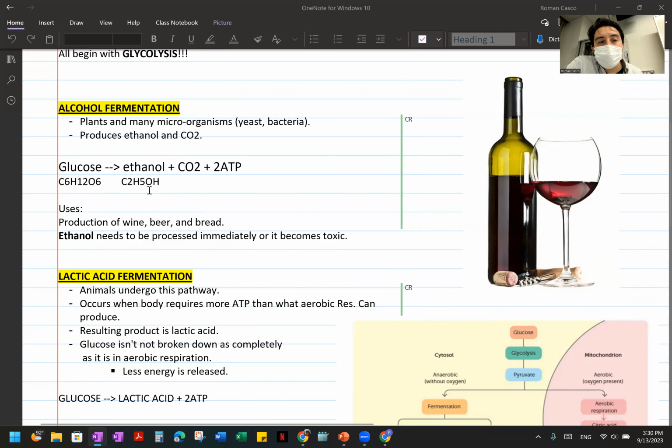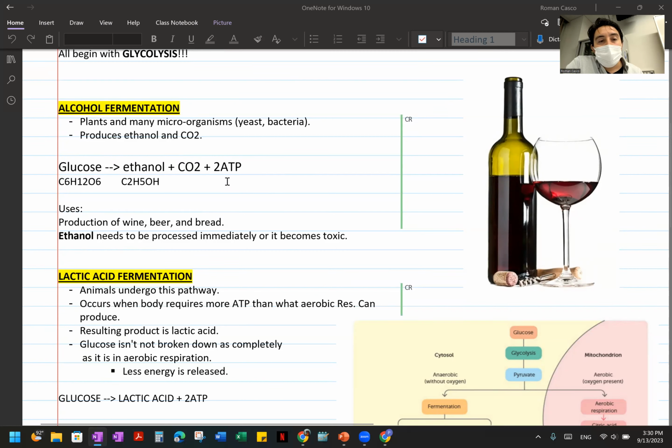I apologize for the numbers here; they should be in subscript, in the lower font at the bottom. So they're producing a small amount of ATP, and it's definitely not as much as aerobic respiration, but it's enough for them to be producing some form of energy.